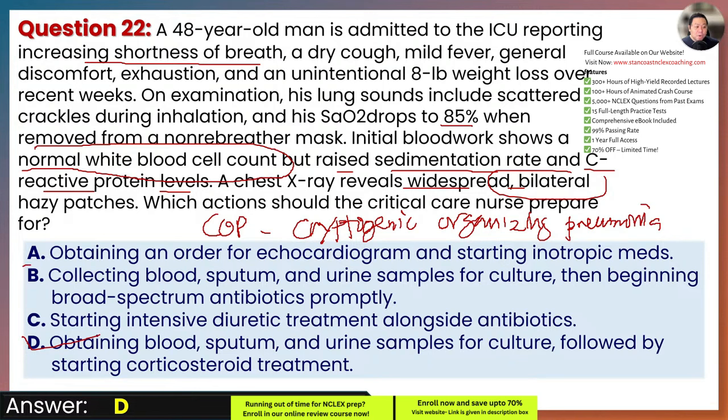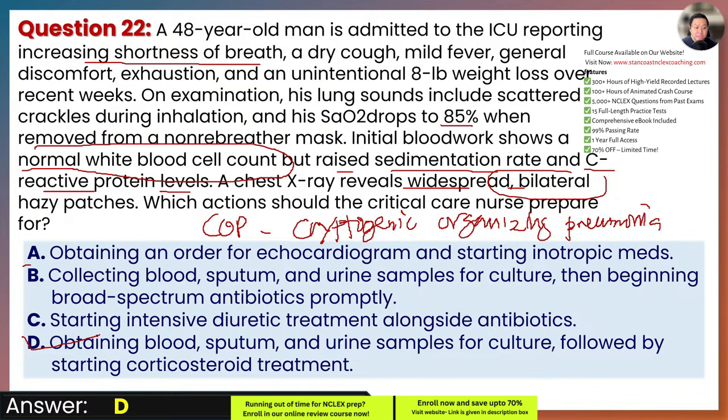And so, why is letter A incorrect? Obtaining an order for echocardiogram and starting inotropic meds. Why is this incorrect? Well, it's because there are no cardiac specific symptoms. The patient does not have jugular vein distension. There is no edema. There are no signs of fluid overload. And the desaturation and the lung findings are due to an inflammatory lung process, not heart failure.